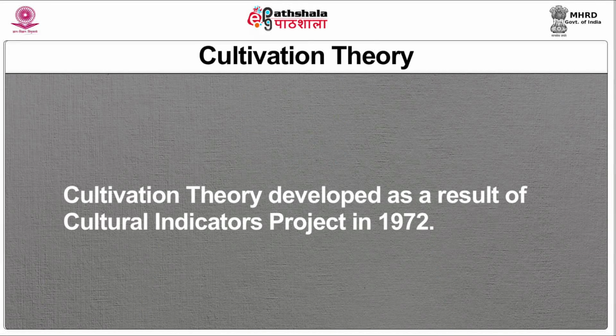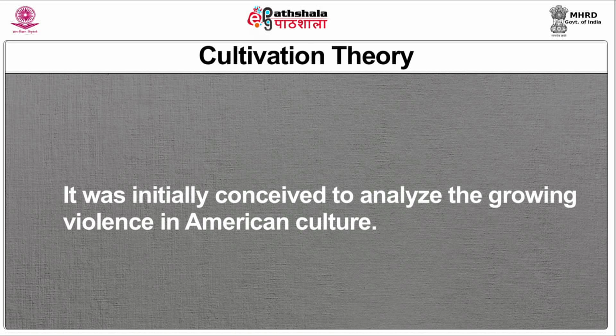Cultivation theory developed as a result of the Cultural Indicators project in 1972. It was initially conceived to analyze the growing violence in American culture.